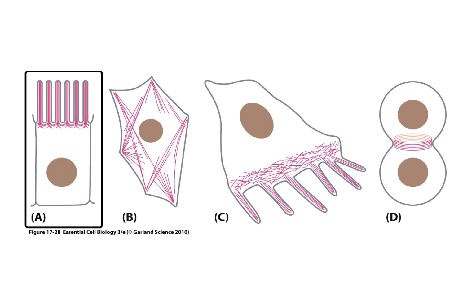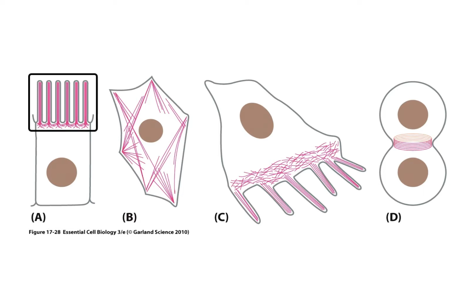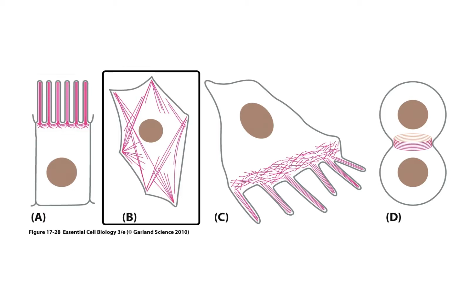This is a gut epithelial cell, so pushing out of the actins here causes an increase in the amount of membrane that is exposed to the lumen of the gut, so that more transfer of sodium and sugars and things like that can be accomplished.